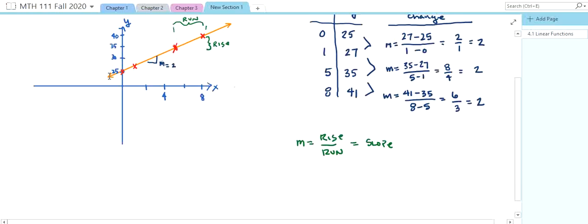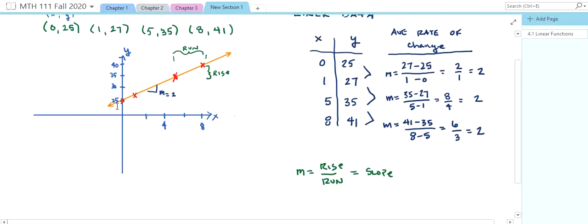Looking at this orange line, we can see that it has a domain of all real numbers and a range of all real numbers too. It looks like y is a function of x here, because we can do a vertical line test.